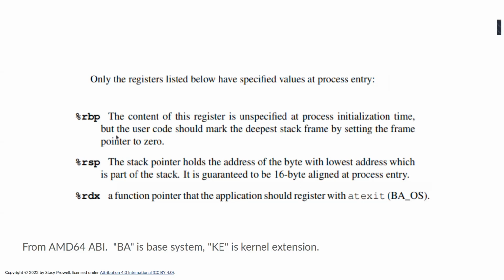So we set it here to indicate to whoever gets called, the base pointer is not valid and they should set their own. The stack pointer holds the address of the byte with the lowest address, which is part of the stack, right? It points to the low byte of the last thing on the stack, the thing at the top of the stack. It is guaranteed to be 16-byte aligned at process entry.